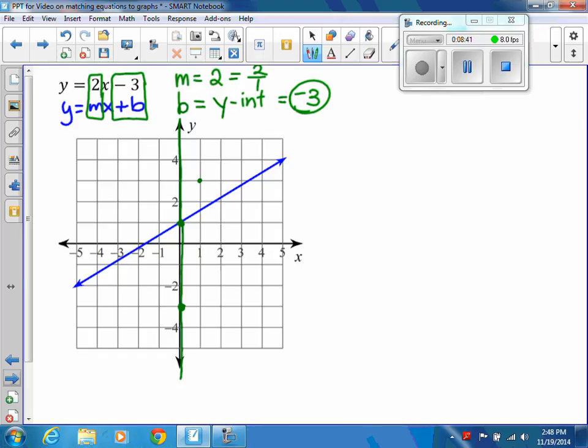Should be right here. So my line's actually going to be a little off here. So up 2 and over 1. My line should be more like this if I was going from that point, but it's kind of wrong altogether, isn't it? All right, so that's not correct. So this one was false. Again, you could put in your table if you wanted to get your values for x and y, and then graph them and see if that works.